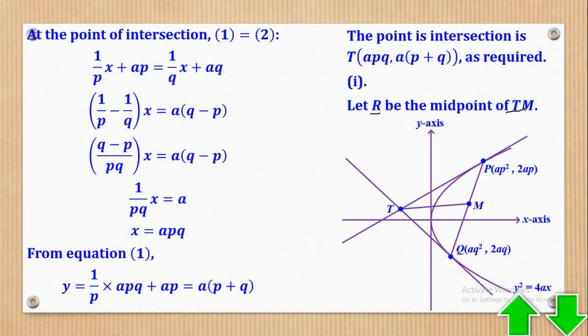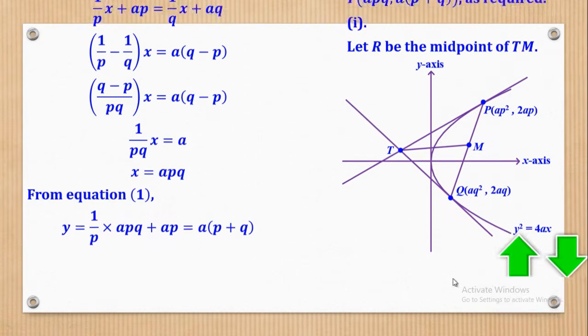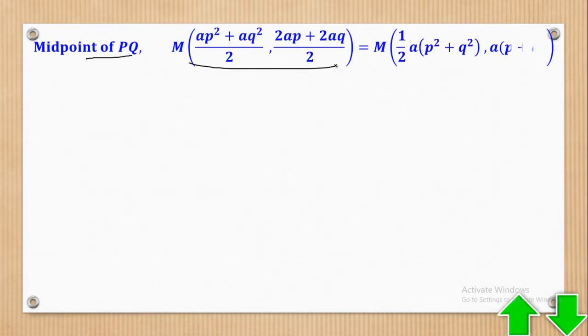Now what they wanted you to show, they said that this one is bisected by the parabola, meaning that the midpoint of this line TM must lie on the parabola. That's what they want. So you say the midpoint of PQ is given by this, average of the x coordinates and average of the y coordinates.